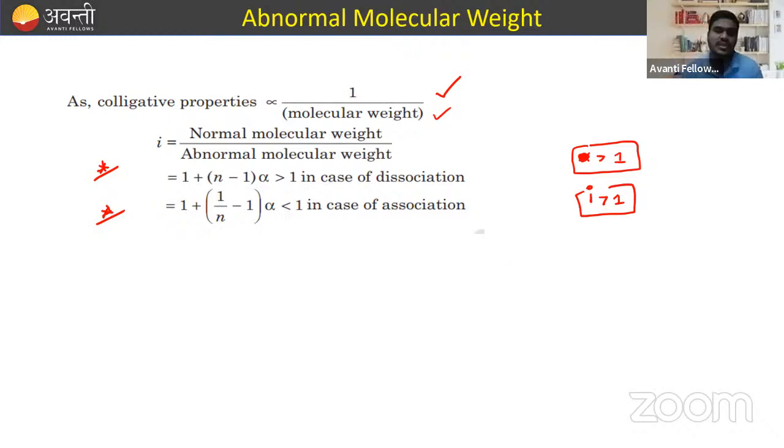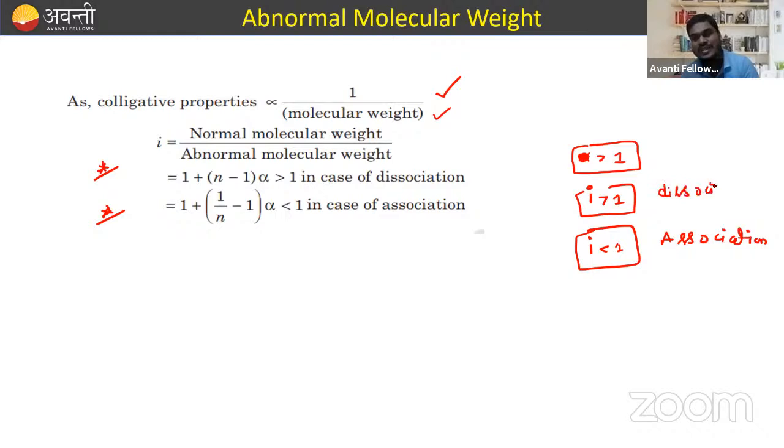So in some question, maybe they ask whether this solid undergoes association or dissociation. You just have to calculate i. If i is greater than 1, then it must undergo dissociation. If i is less than 1, then it must undergo association, right? So this is for association, and i is greater than 1 for dissociation.